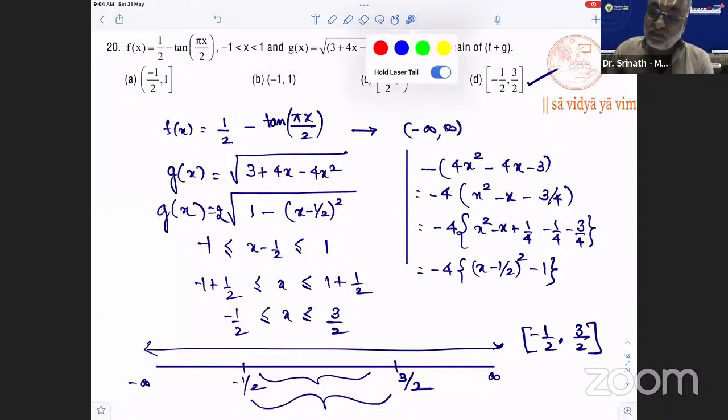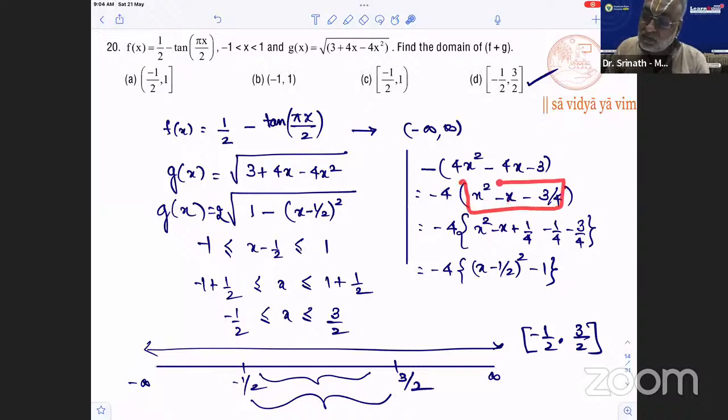What I have done is, this 3 plus 4x minus x square, I have written as minus of 4x square minus 4x minus 3. Then I have taken that 4 common: minus 4 into x square minus x minus 3/4. I am just making it a completing square.